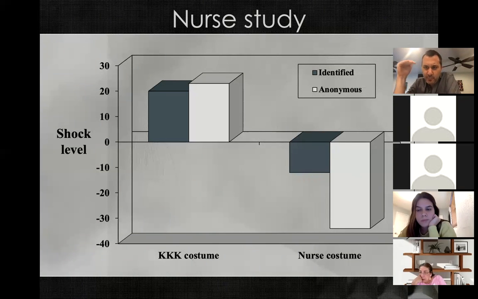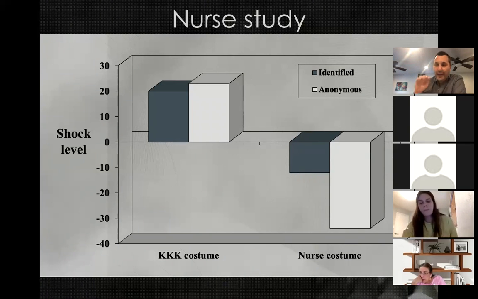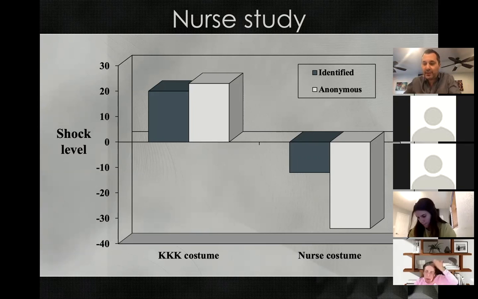Okay, now this is important because what this means is that it's not just the case that being anonymous leads to more aggressive behavior. What happens is that being anonymous, because you're dressed up in the same costume as everybody else, makes you take on characteristics of that group. So if that group is associated with violence, like the KKK, then you tend to behave more violently, more in line with that group.